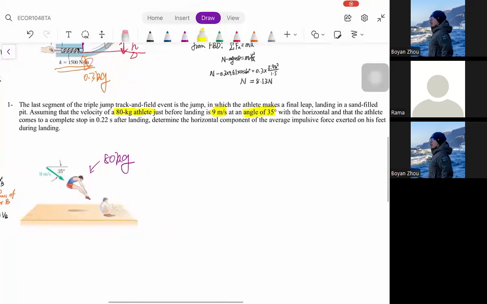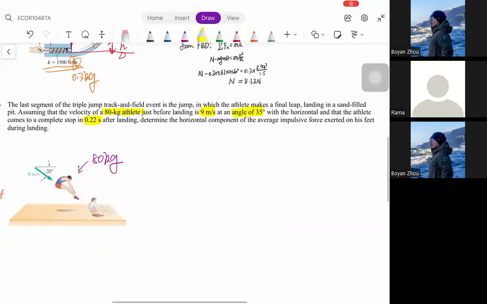When he landed, it took him 0.22 seconds. That means when we are calculating the impulse, the time is going to be equal to 0.22. And determine the horizontal impulse force on his feet during the landing.